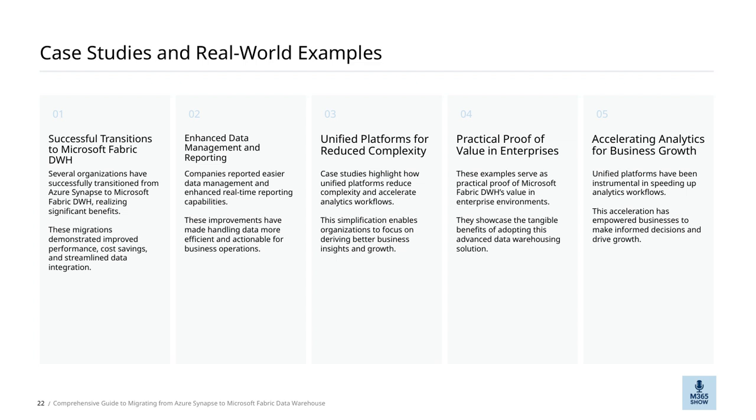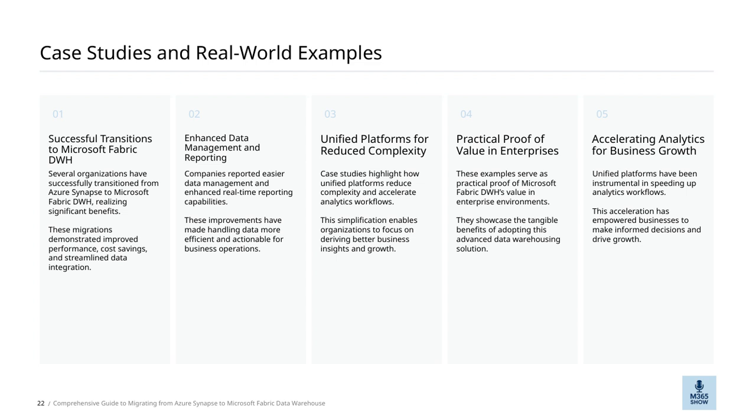You'll notice that case studies often point to how unified platforms reduce complexity. This simplification allows organizations to focus more on extracting valuable insights rather than getting bogged down in complicated data processes. Additionally, many companies report that they've experienced easier data management and better real-time reporting capabilities. This means their data handling has become more efficient and actionable, directly impacting their operations positively.